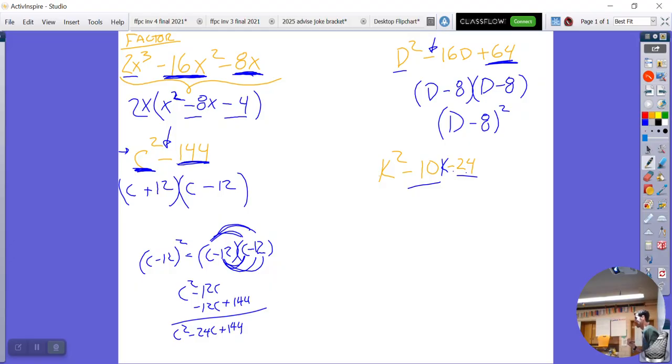Brendan? Would it be negative 12 and positive 2? Because negative 12 times positive 2 is in fact negative 24. However, negative 12 plus 2 is negative 10.